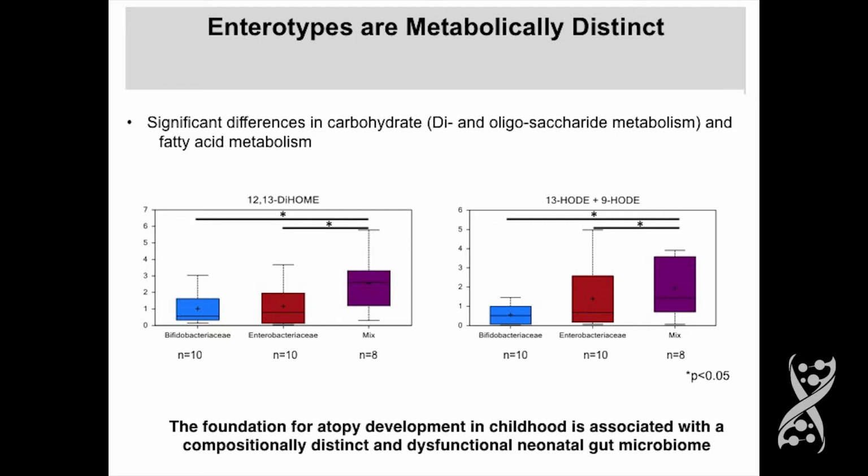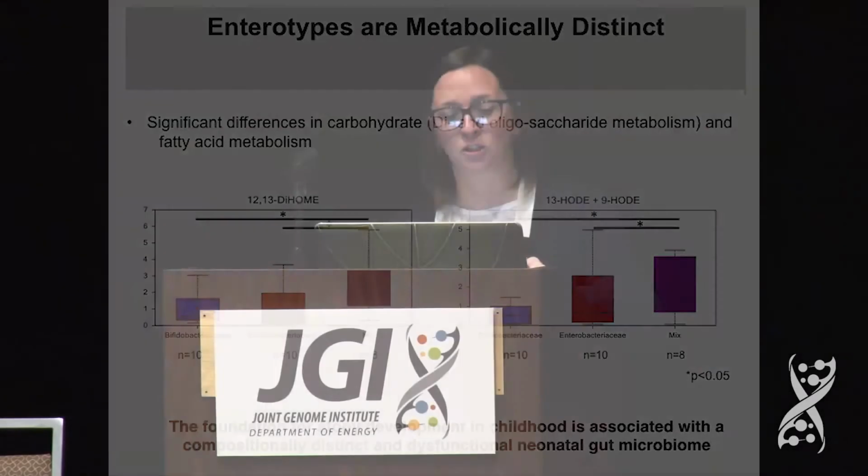And I'm showing you just 2 data points among several that are of key interest to us. What we see is that the children with the highest risk of atopy development are already enriched in very early life for common pro-inflammatory lipid mediators, 12,13-DiHOME and 13-HODE and 9-HODE, which are associated with severe asthma development in adulthood and in childhood when it's established.